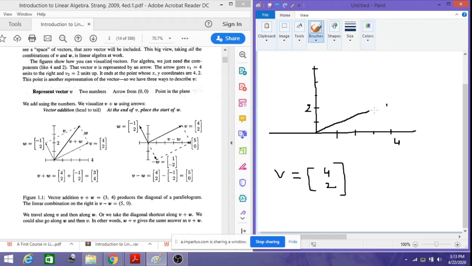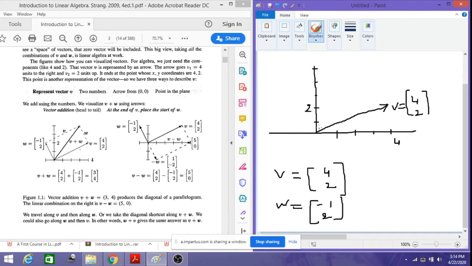Now the vector is moving in this direction, so this is v, which is nothing but its coordinates, that is 4 and 2. Now we have one more vector, that is w. So w is equal to, I'll write this as minus 1 and 2.